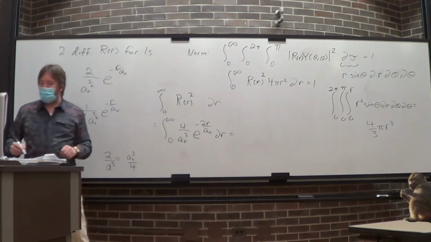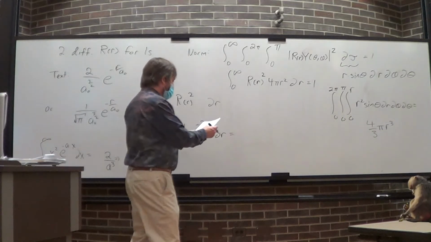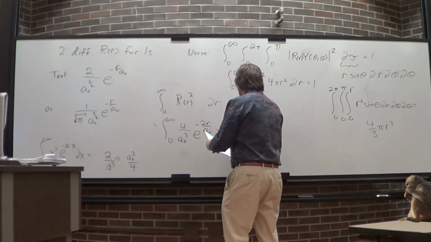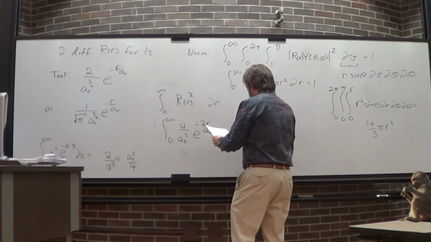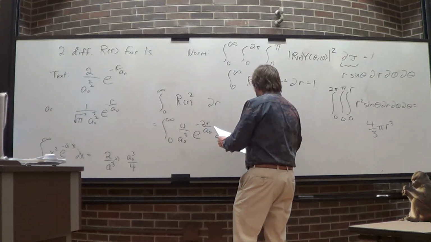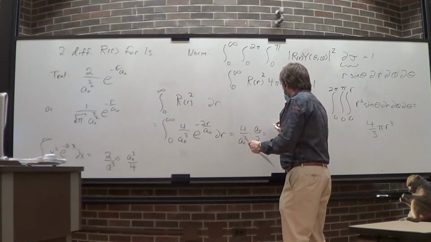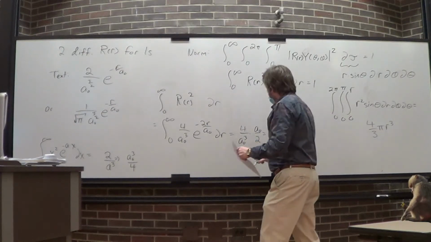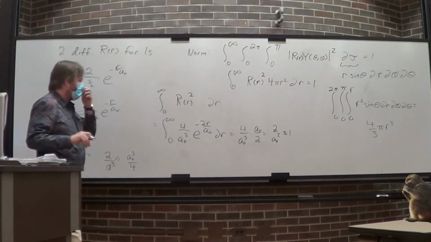In this particular one, I did give you the proper identity. You are going to get 4 over a naught to the 3rd times a naught over 2, and you end up with 2 over a naught squared. Okay, so that sucks. That's like the first answer.